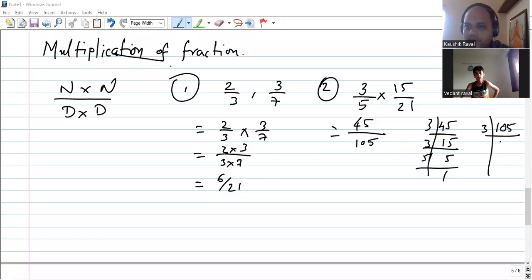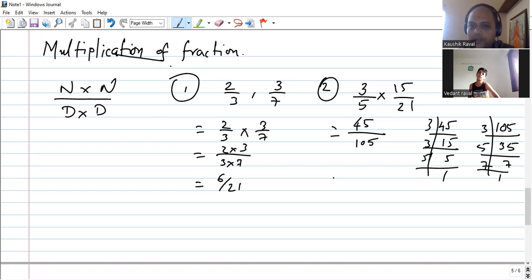For 105, again, 1 plus 5 is 6, so it is divisible by 3. Am I sharing this? Did I forget to share? Yeah, okay. Now, so 3 3s are 9. Okay, remainder is 1, so 3 5s are 15. 5 plus 3 is 8, so I cannot divide that, but 5 into 7, and 7 ones are 7.